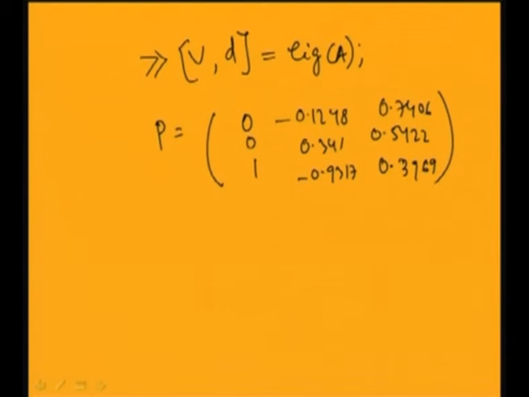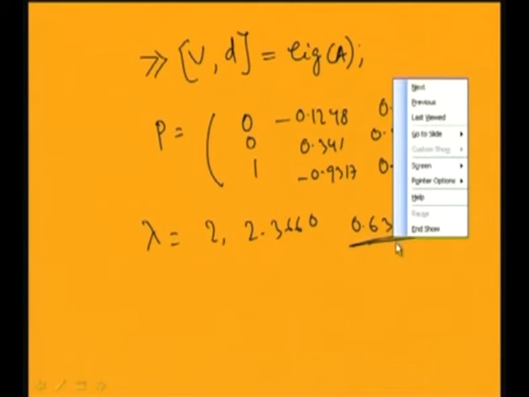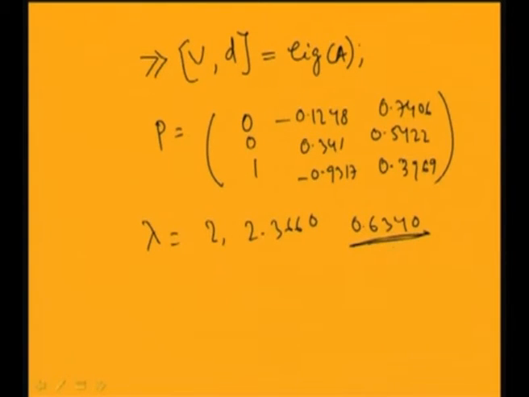So the eigenvalues of the system are obtained, lambda equal to 2, 2.3660 and 0.6340. So from this you can find that this is the minimum eigenvalue. So this corresponds to the first normal mode frequency, and this corresponds to the second normal mode frequency, and this corresponds to the third normal mode frequency. So in this way, by using this MATLAB also you can find the modal matrix of the system.